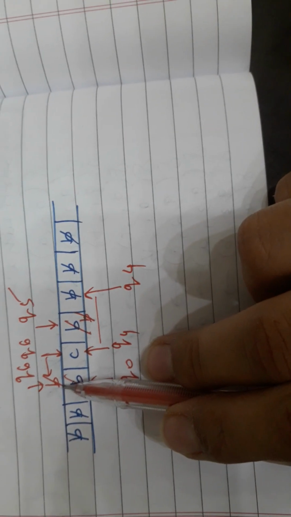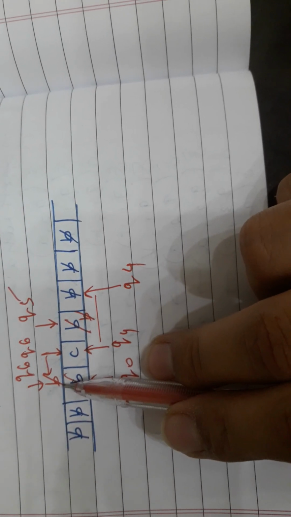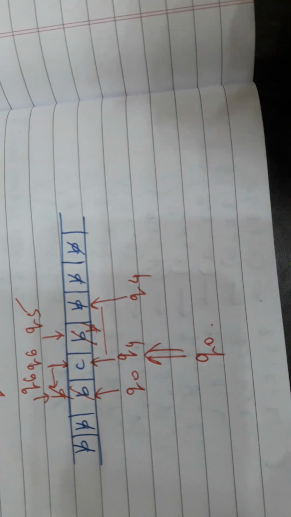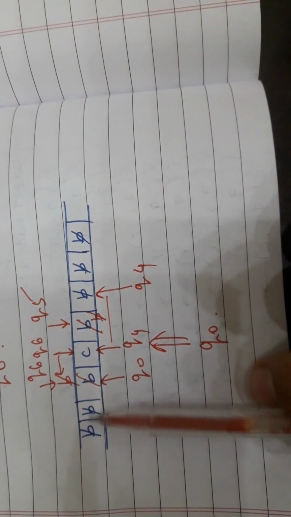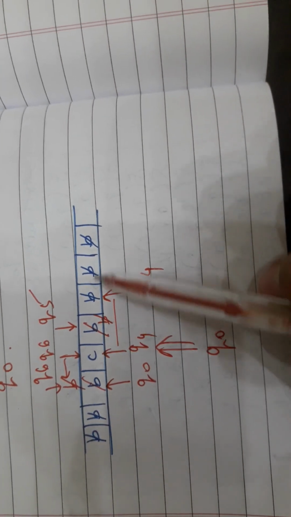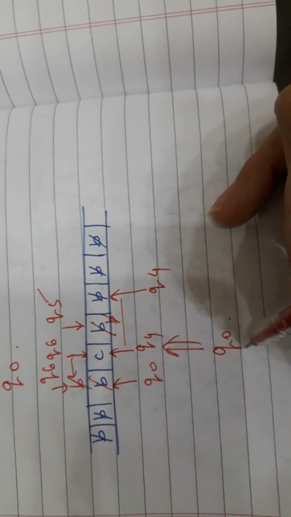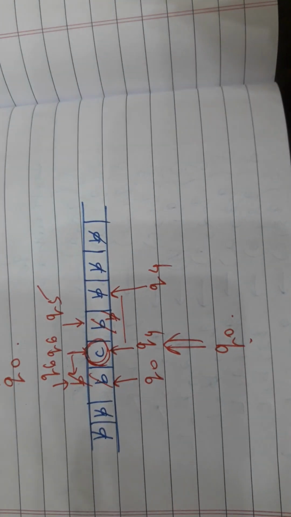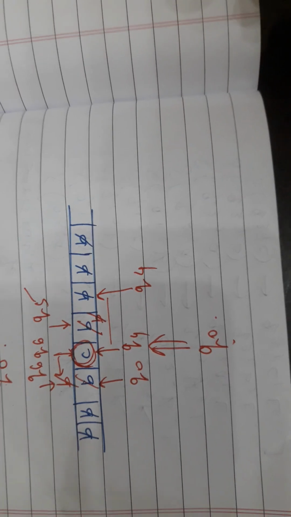As soon as Q6 receives a blank, we change the state here and we will reach Q0 here. Now everything here is changed to blank, everything here is changed to blank, and we now have to think what happens if Q0 receives a C.